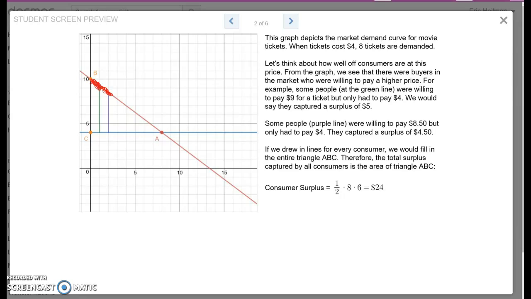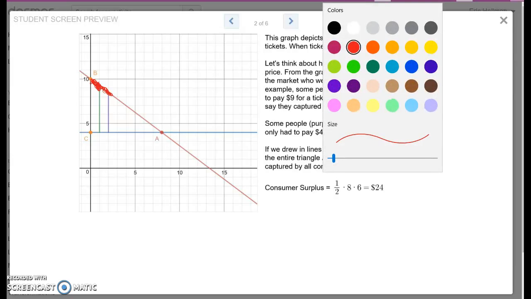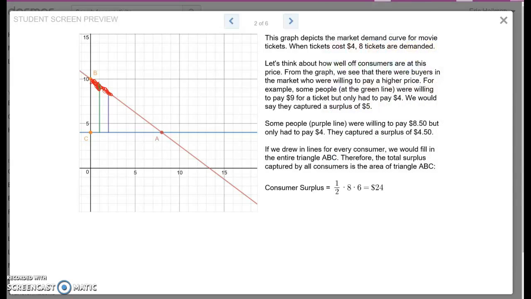So the difference between what people are willing to pay versus what they actually have to pay, that's called consumer surplus. You can always find the surplus that consumers get by subtracting what they would have paid, the price that's actually on their demand curve, so like right here, minus what they actually had to pay.